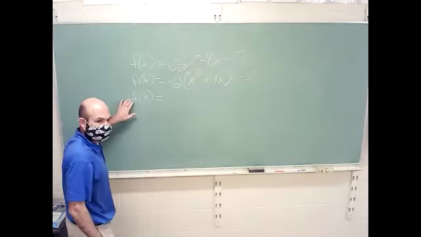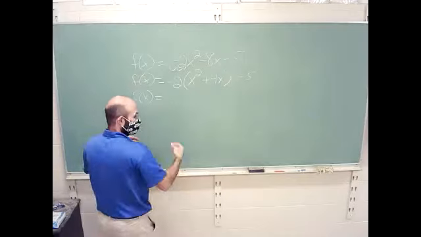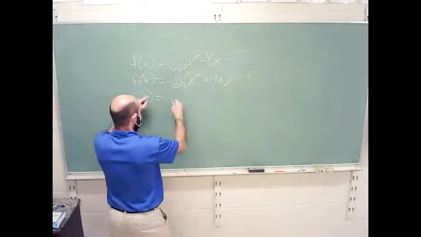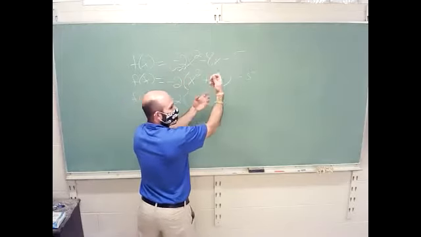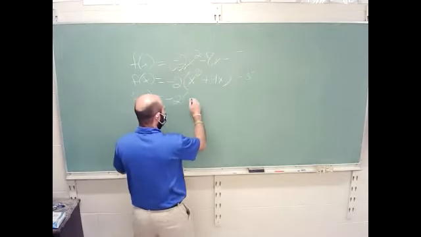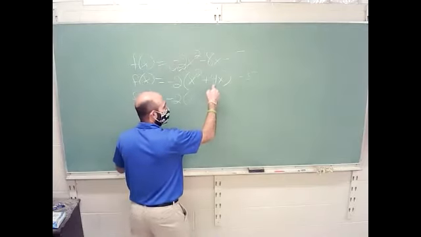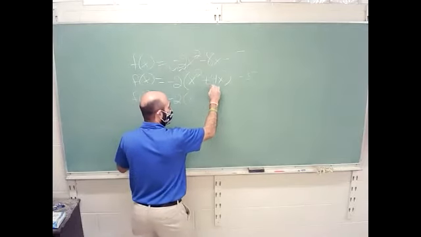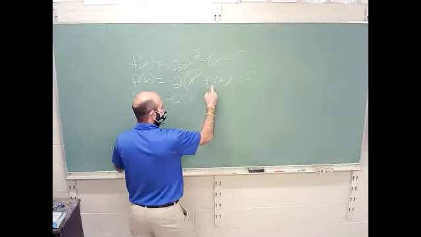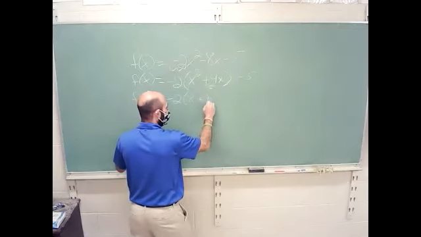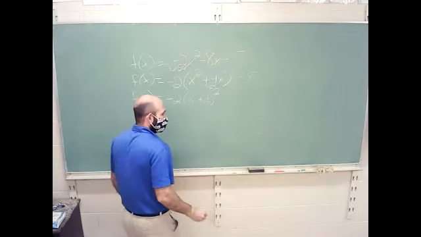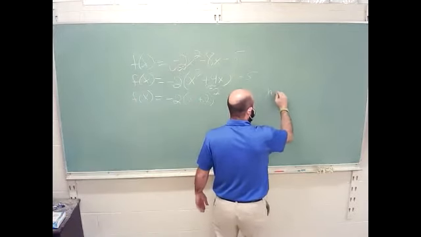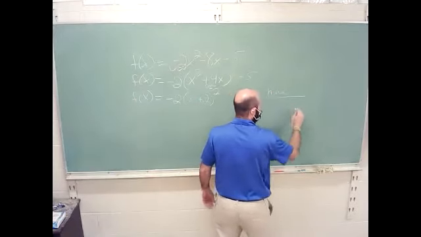Now, this is my second step, and it's tied into the last one. I'm going to pull out the 4x and complete the square, writing it as a perfect square, which is going to be half of that number. Half of 4 is 2, parentheses squared. Now I look at what I have and what I need.